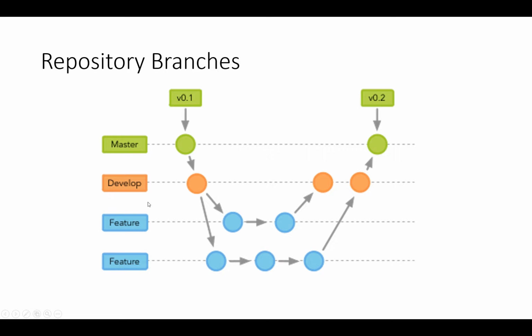Now, the other branches are going to be feature branches or bug branches usually, and this is where you're going to be working on a specific subject. So if there's a feature that we want to add, we may need to make one commit for the API, one commit for the UI that goes with that API, and one other commit to fix a bug that you introduced by making this.